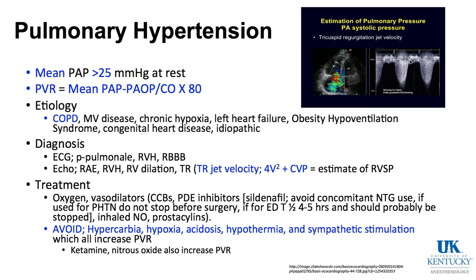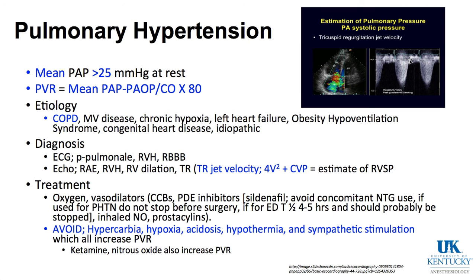On electrocardiogram, you may see P pulmonale, peaked P wave in lead 2, and you may see RVH as well as right bundle branch block as there are changes in the right ventricle from the pulmonary hypertension.